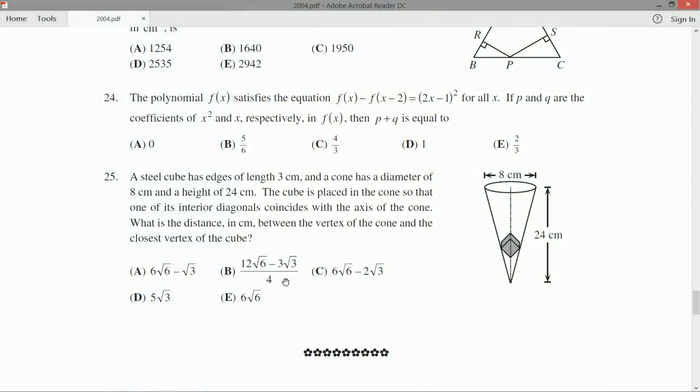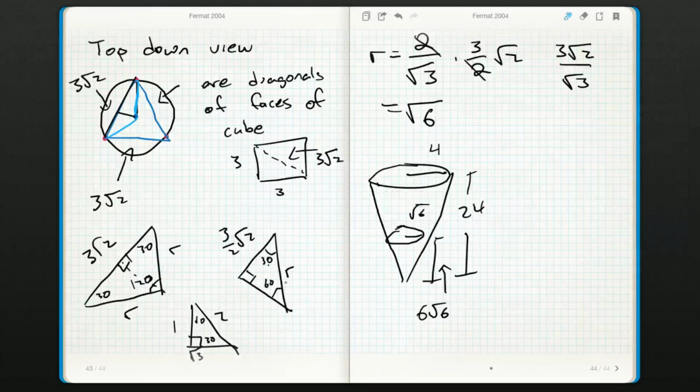I don't think it'll be D, though. But 6 root 6 in 3 of the answers, that's looking good. I like that. So any doubts I might have had sort of melt away at this point. Okay, so 6 root 6 is the height. So we're going to do 6 root 6 minus a little something. All right, because we have this, let's see if we can draw a bit more of it. We have this cube, and we've got a little extra bit.